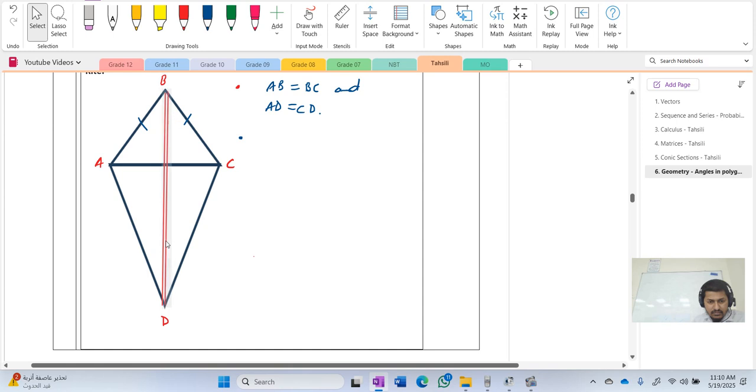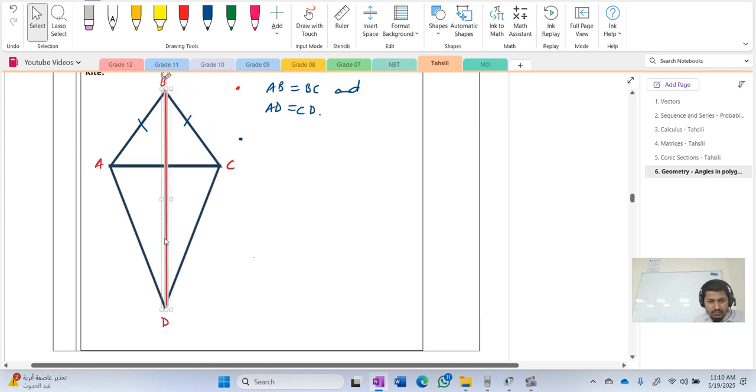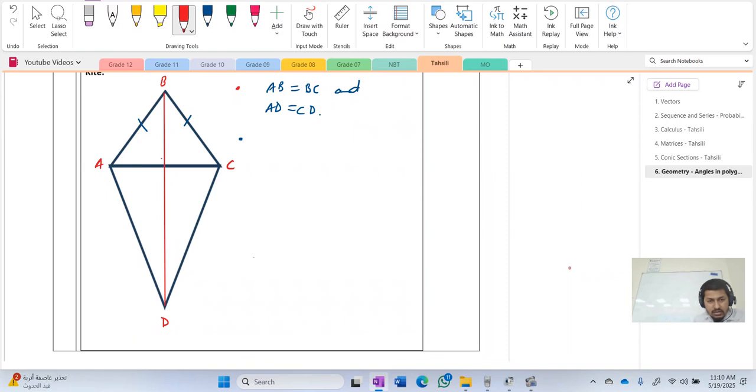So we can say that it intersects at 90. So line AC is perpendicular to BD. This upside down T means perpendicular.